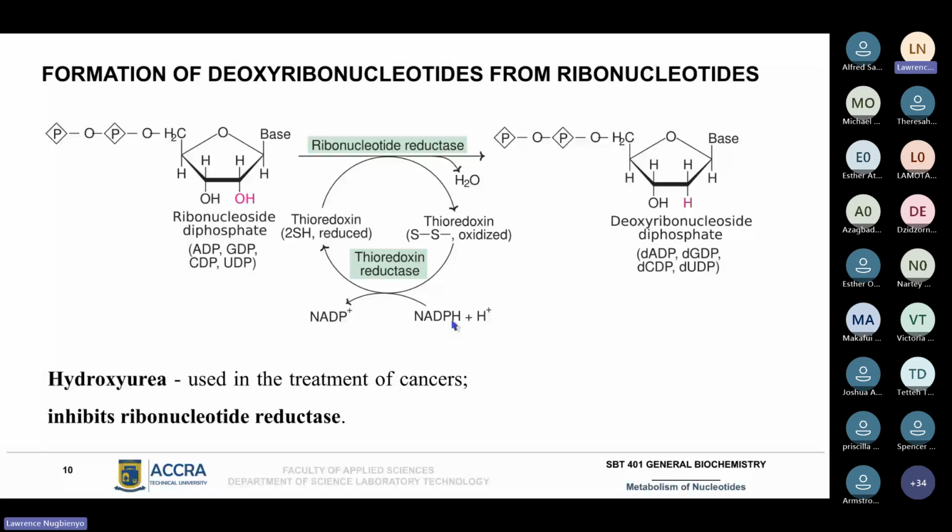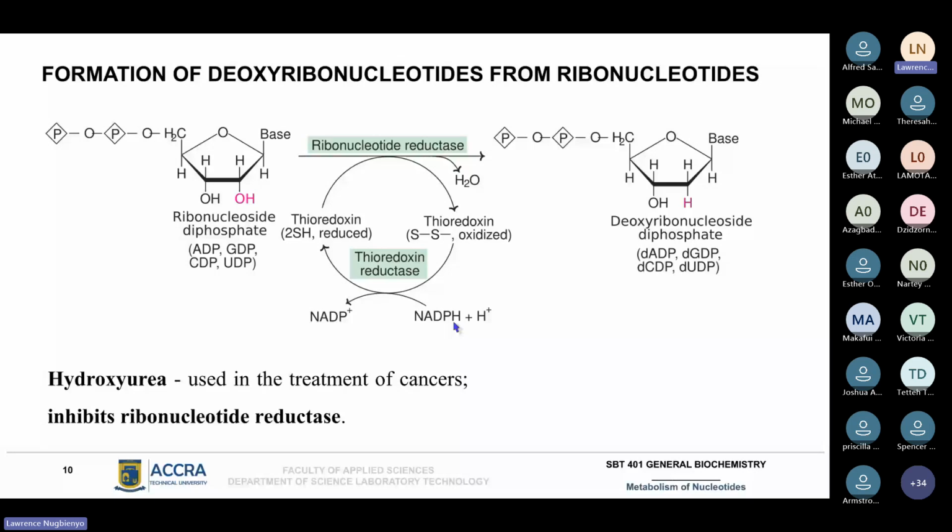We saw the NAD plus as the nicotinamide dinucleotide, which is involved in oxidation reactions, and the NADPH to be its corresponding coenzyme involved in reduction reactions.